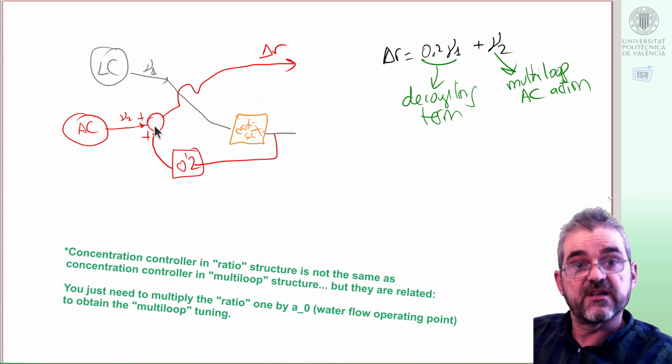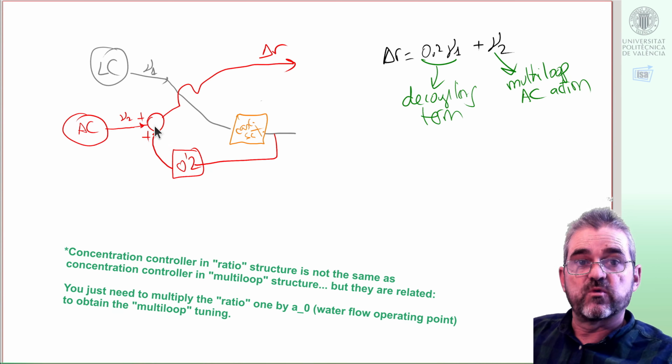Good, so we conclude here. In this video, we proposed ratio control, and we did examine the relationship between ratio control and multi-loop control plus level to concentration decoupling, and also that the tuning of the concentration controller in ratio control multiplied by the nominal water flow gives me the tuning of the concentration control in the multi-loop strategy.